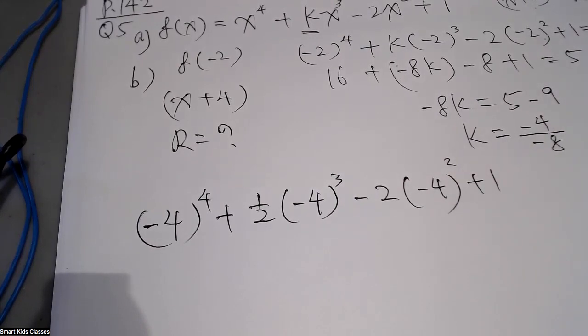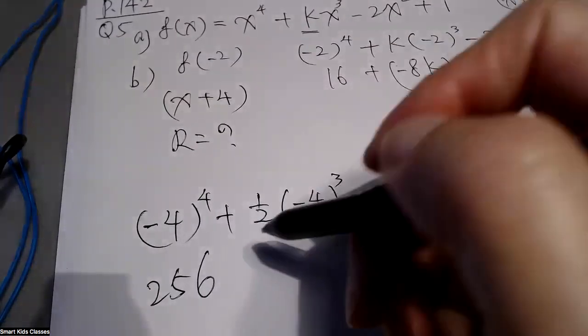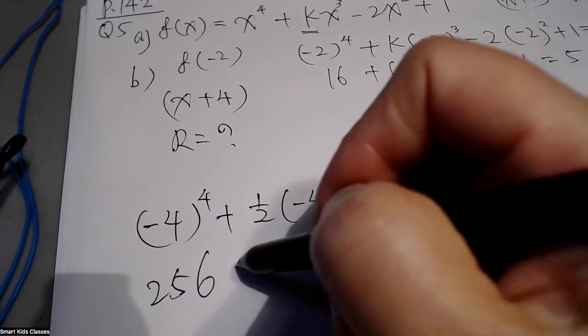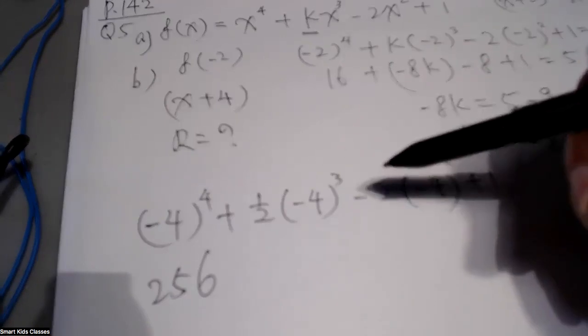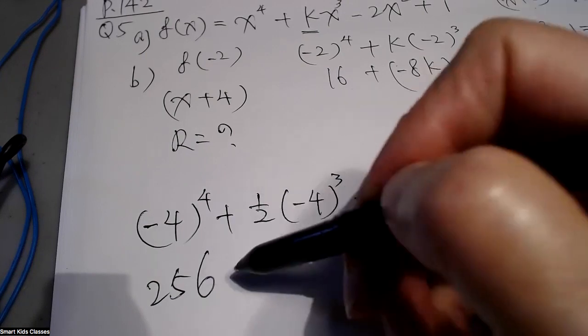So 4 exponent 4, what are we going to get? I'm going to use the calculator. 256. And then plus, and this will be a minus because this is a negative exponent 3.